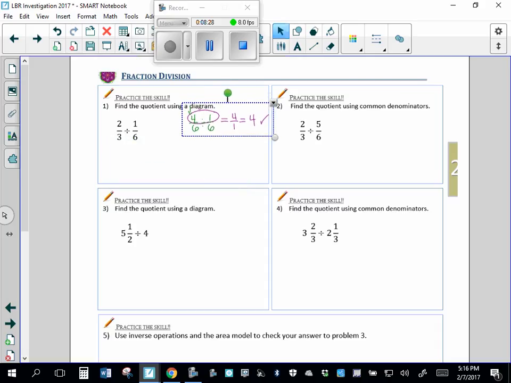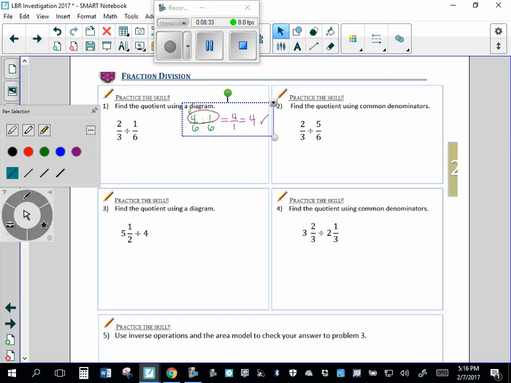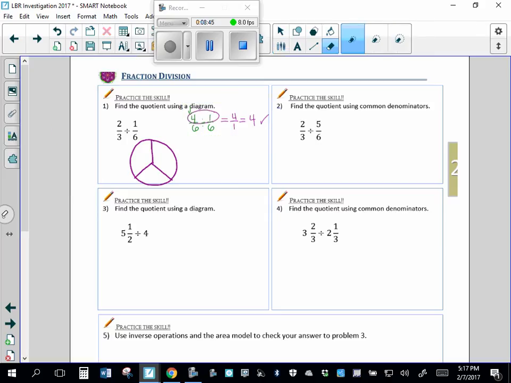So a diagram is a little bit more challenging. So I'm going to make a diagram of 2/3. So for 2/3, I'm going to take a circle and make a peace sign and erase part of it. That's 2/3.